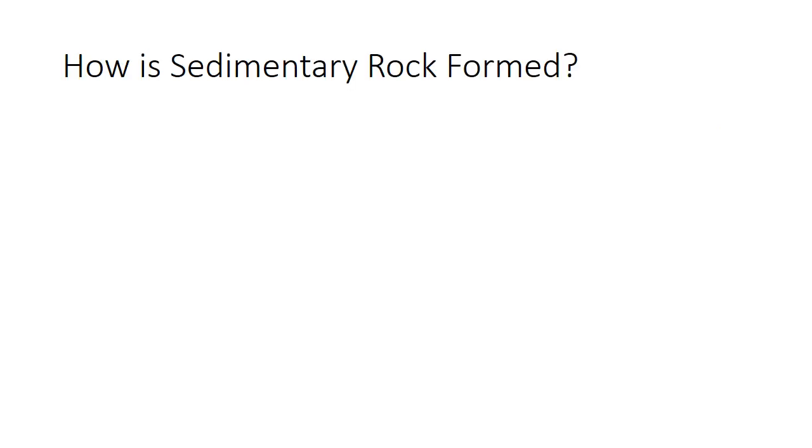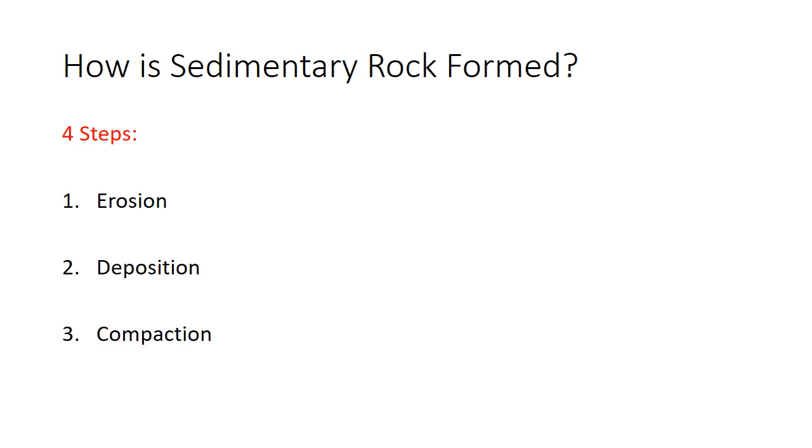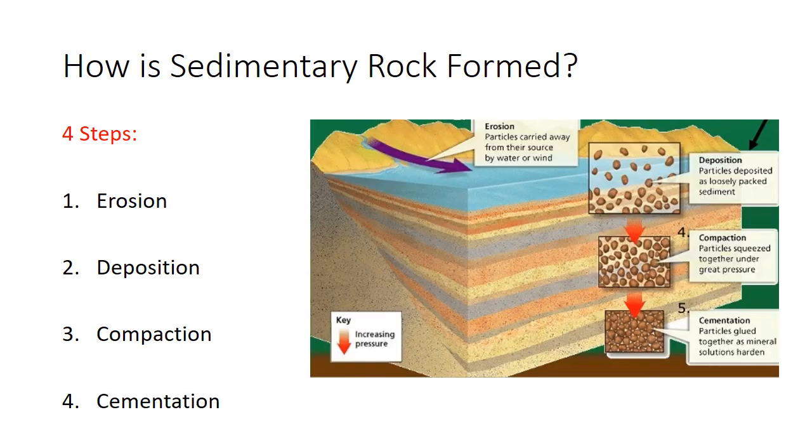So how is it formed? There are 4 steps. The first is erosion, then deposition, then compaction, and finally cementation.